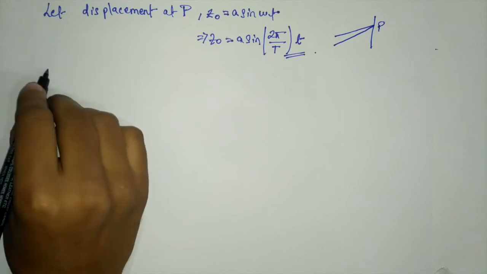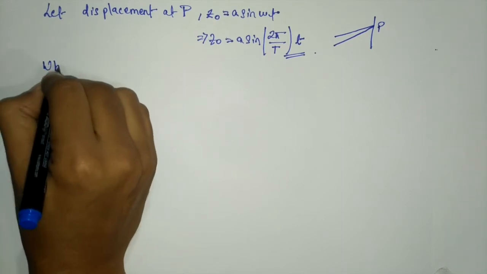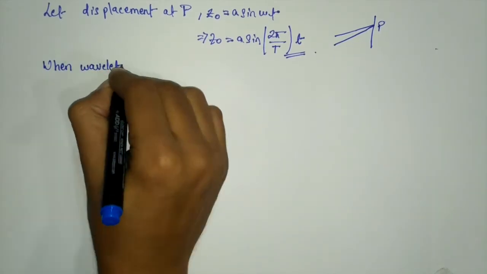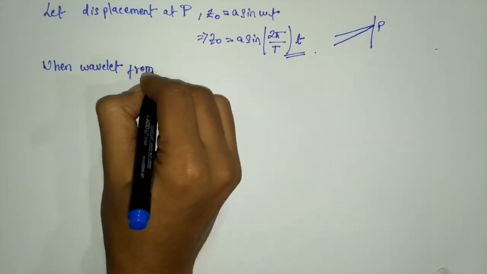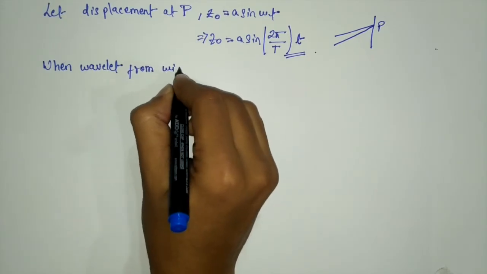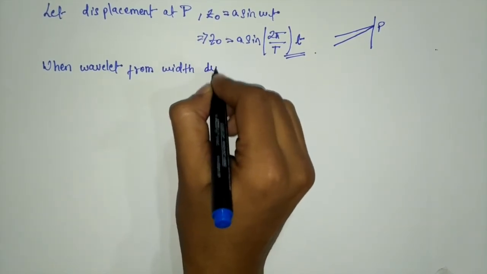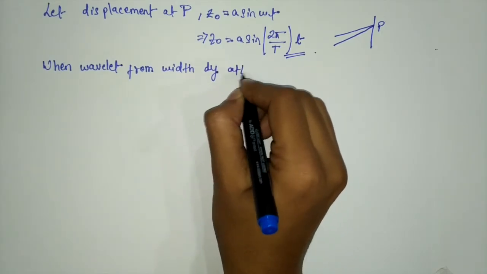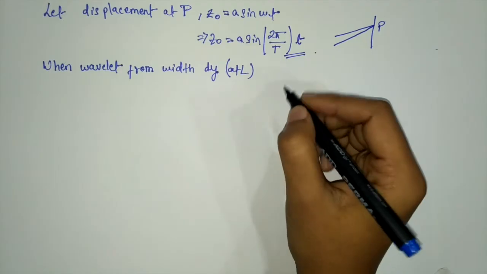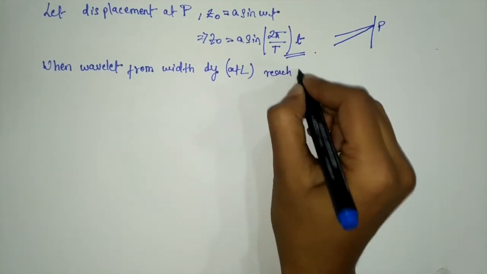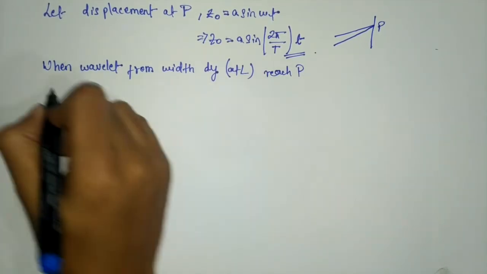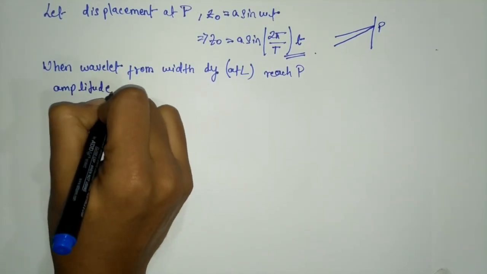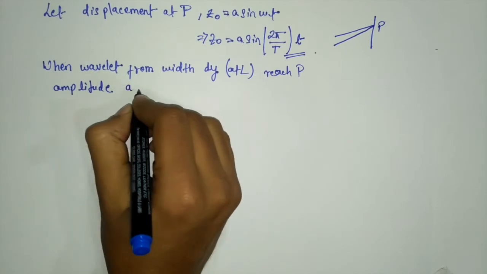Let me write it. When the wavelet with dy that is present at L will reach P, the amplitude will be A into dy.